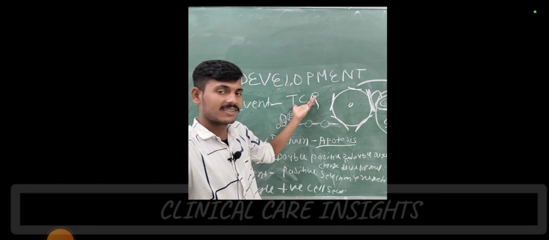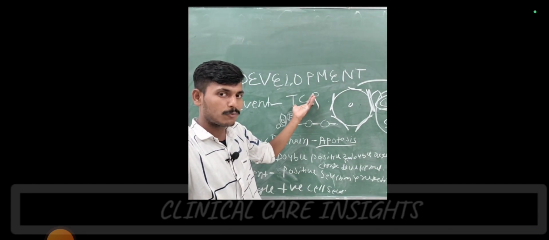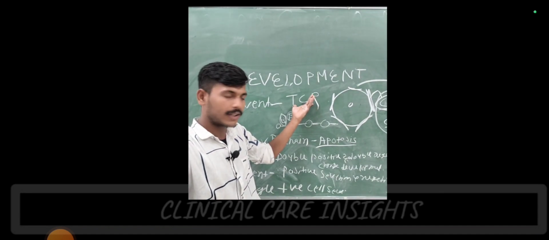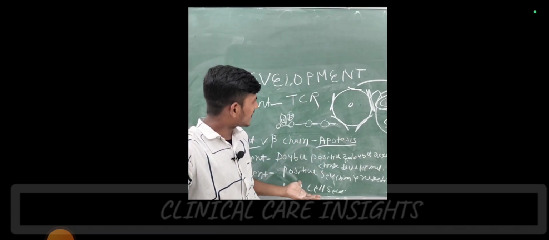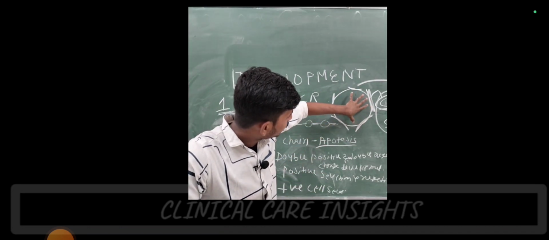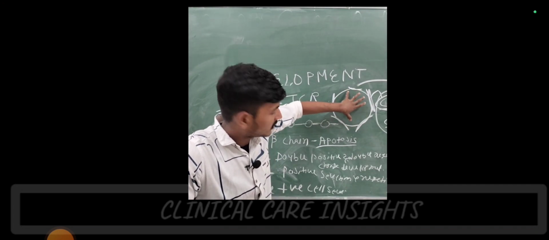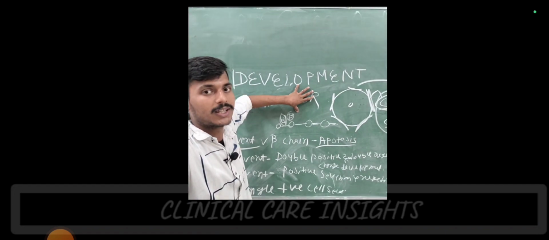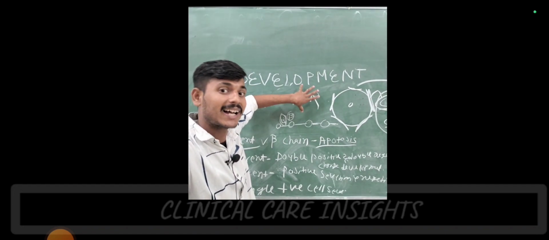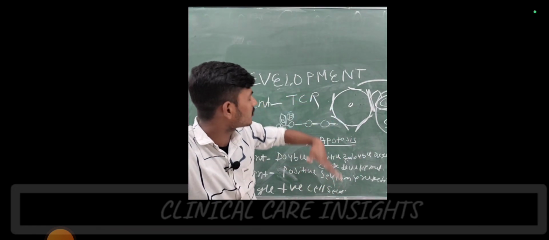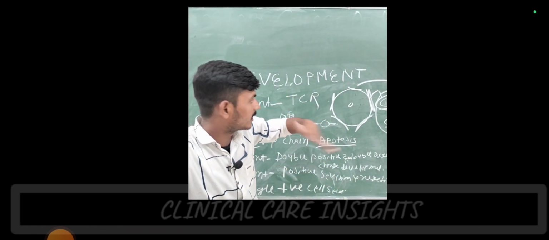The T cell genes are directed by thymosin, which results in the formation of the T cell receptor. These T cell receptors are formed on the surface of the T cell, but they are not truly functional. They again need to undergo the elimination process, or selection process.